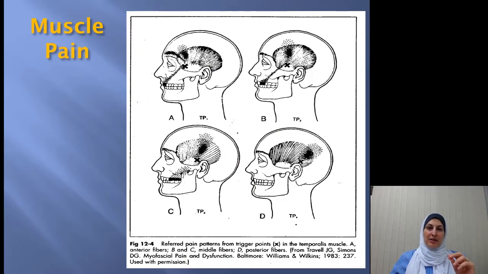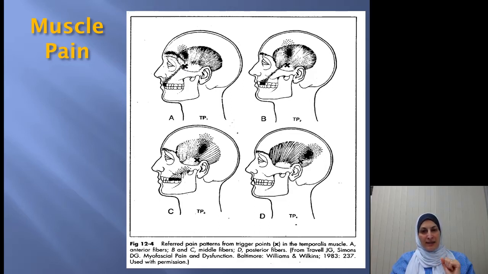The muscle pain is of particular interest because sometimes when there is a hyperactive point of the muscle, we call it a taut band. And when there is a taut band at the facial muscles, this might be presented as a dental pain. This is the temporalis muscle, and the sign X here refers to the site or location of the taut band, the area where there's a hyperactive, tense muscle.